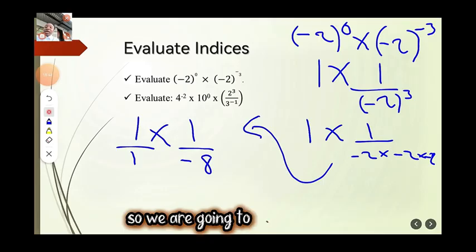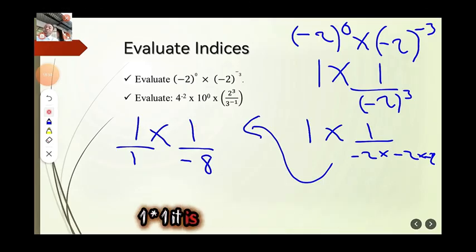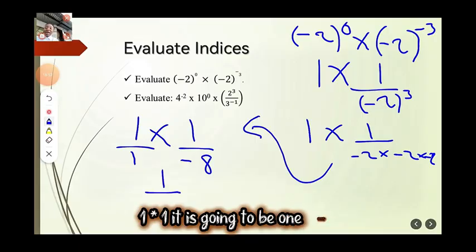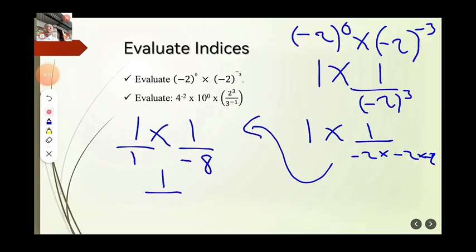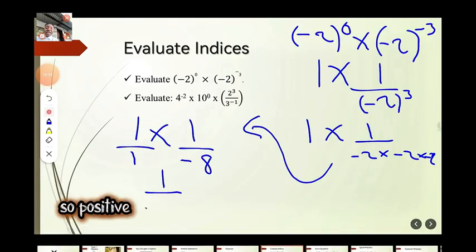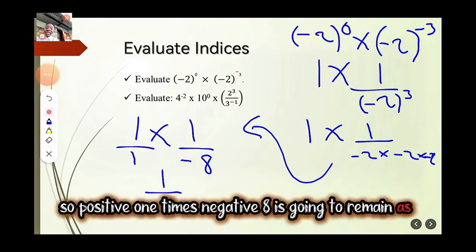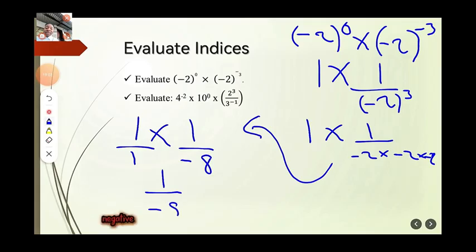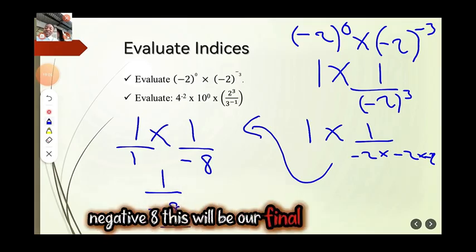So we are going to say 1 times 1, okay? 1 times 1 is going to be 1 over 1 times negative 8. This is positive. So positive 1 times negative 8 is going to remain as negative 8. This will be our final answer.